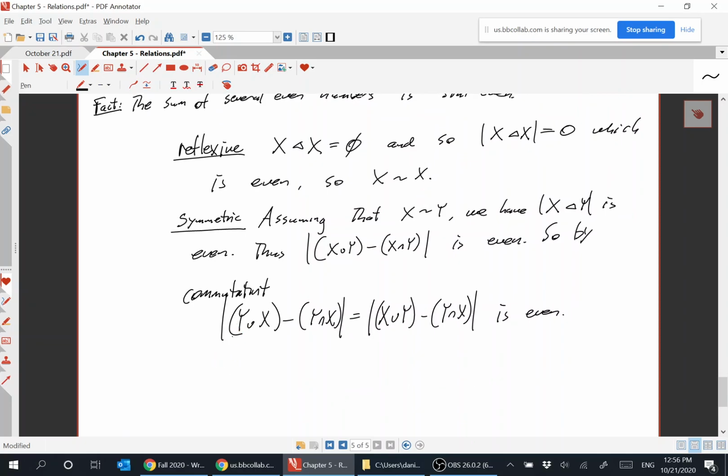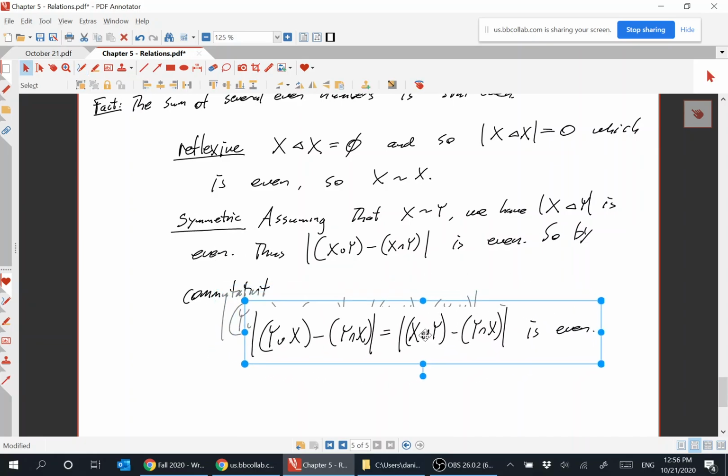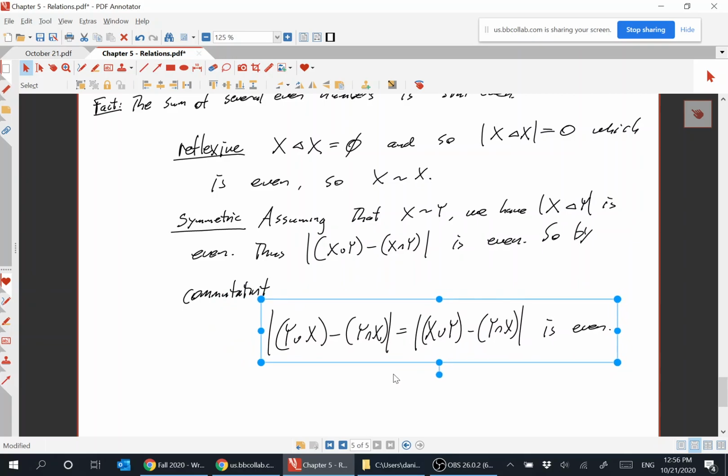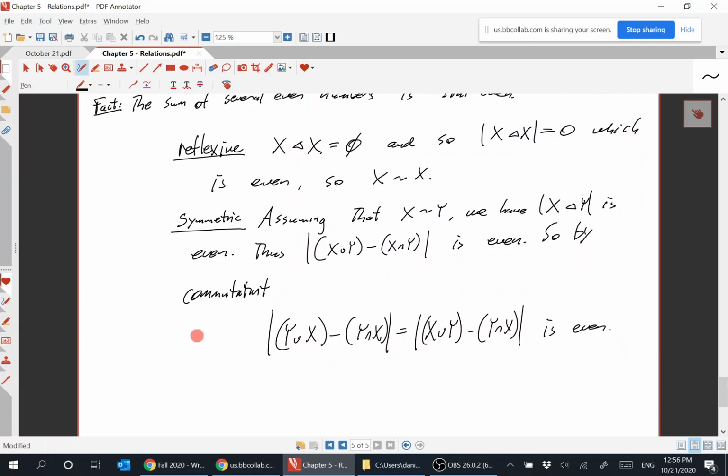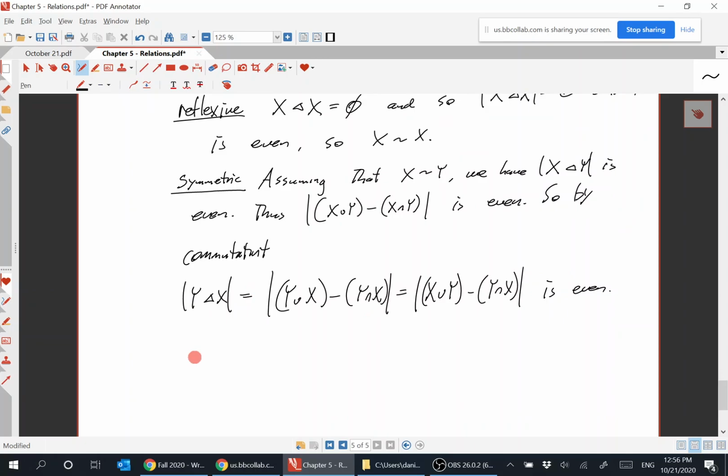Which I guess I should write with the symmetric difference symbol. So y symmetric difference x is even too.